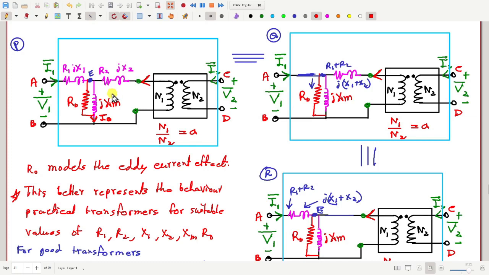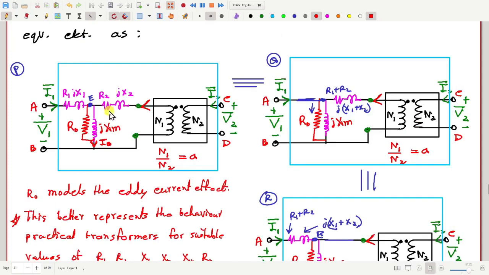What we call this first circuit is the exact equivalent circuit. The second circuit is called the approximate equivalent circuit.